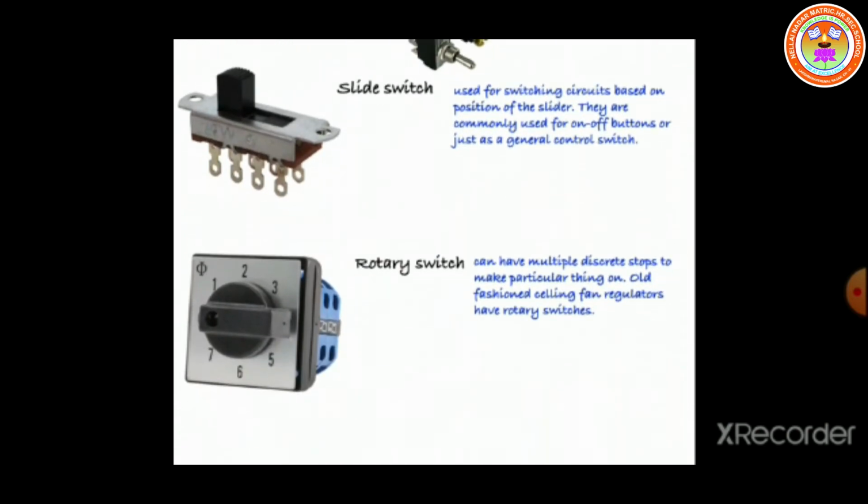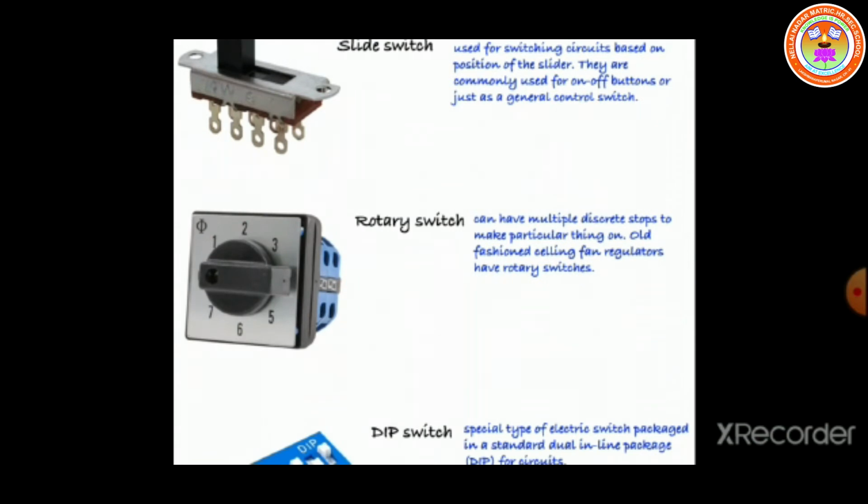The next one is the rotary switch, which can have multiple discrete stops to switch particular things on. Old-fashioned ceiling fan regulators have rotary switches. Have you noticed, students?